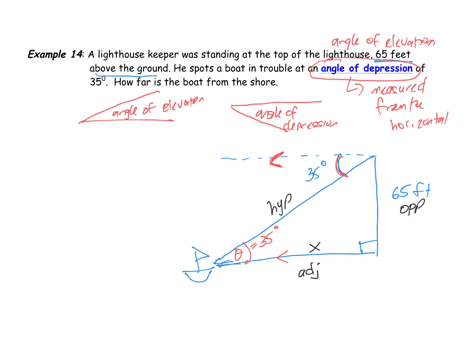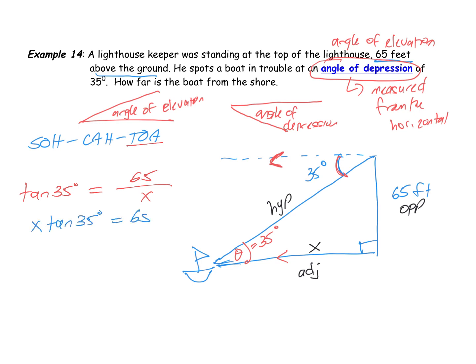So if we think about our trig ratios, TOA, the one that relates the length of the opposite and adjacent sides is tangent. So we can say that tangent of 35 degrees is the length of the opposite side, 65, over the length of the adjacent, x. To solve this, we multiply both sides of the equation by x, and we get x tangent 35 degrees equals 65.